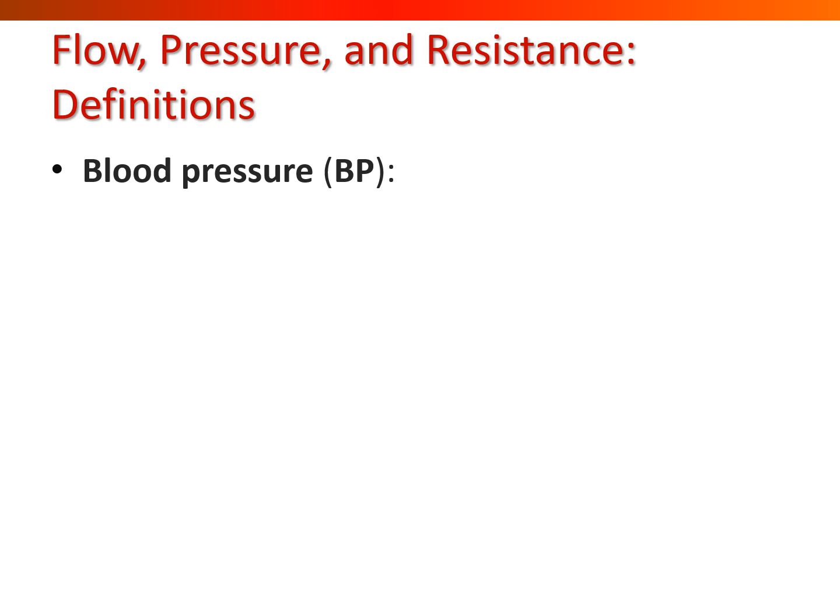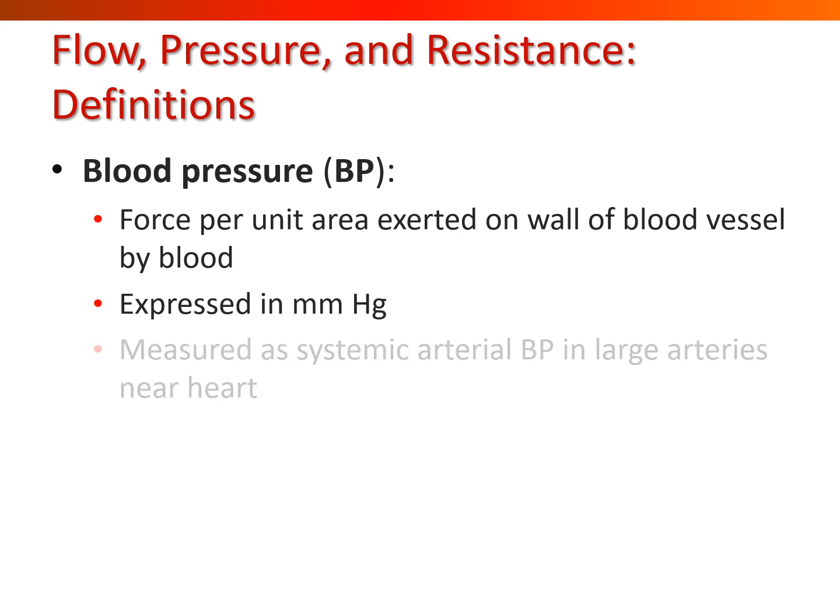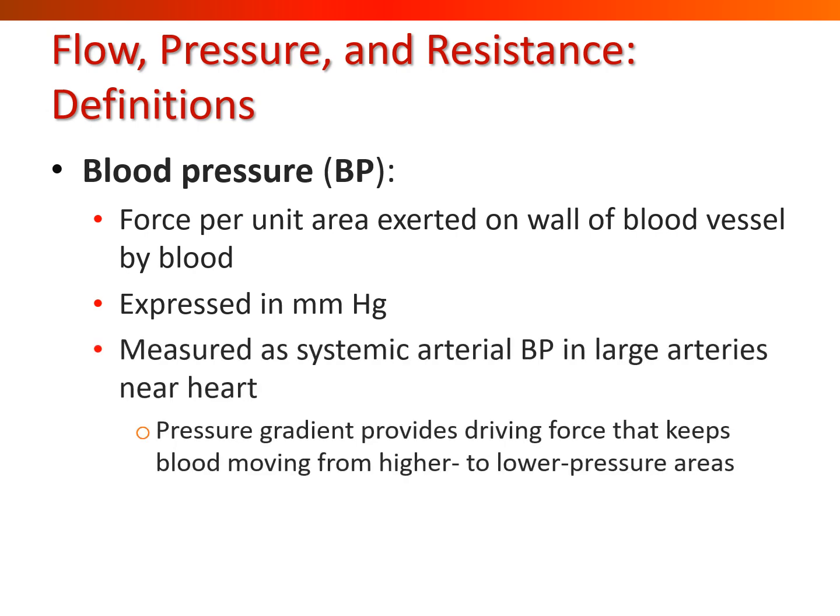Now, when we talk about blood flow, an important aspect of blood flow is blood pressure. So what is blood pressure? Well, blood pressure is the force exerted on the wall of a blood vessel by the blood moving through it. And we express this in millimeters of mercury, and it's measured as a systemic arterial pressure, mostly in our large vessels that are near the heart, where we can actually capture the pressure of that blood as it first enters into systemic circulation.